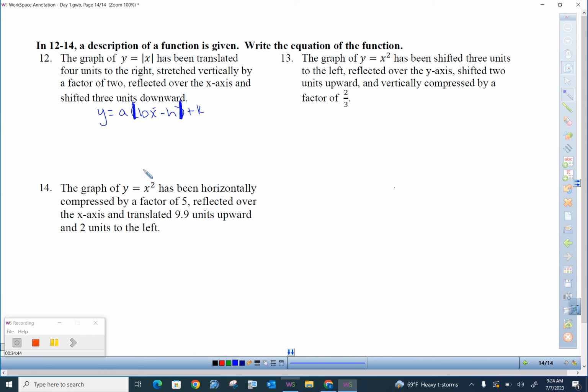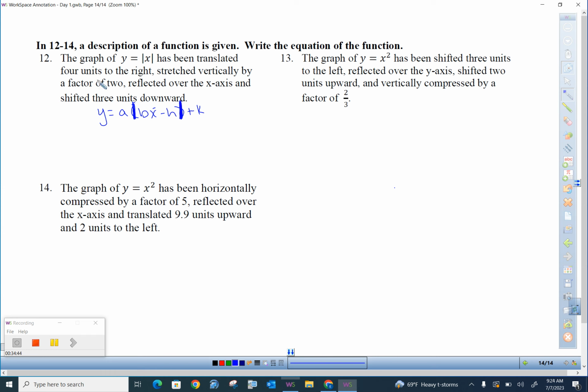And then we add in numbers for the letters A, B, H, and K based on what we see happening. The only thing we have to watch out for is those translations and scale changes to make sure if they happen at the same time, we're looking out for how that could affect our numbers on the inside. Otherwise, it's not so bad.